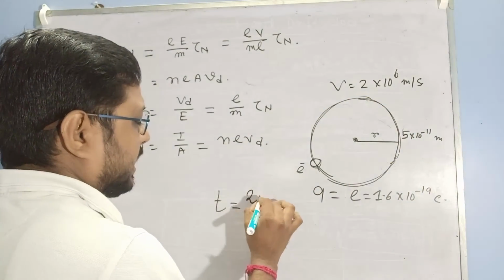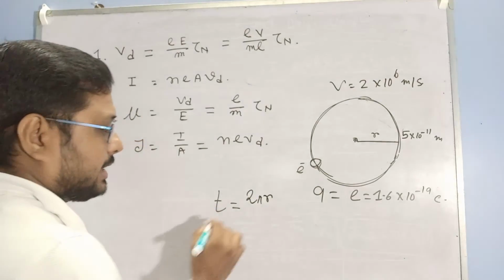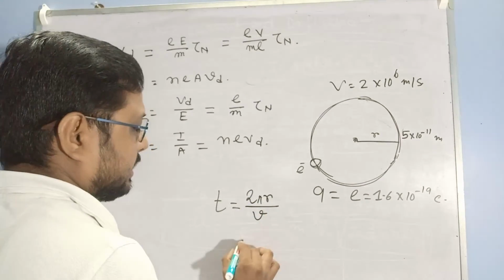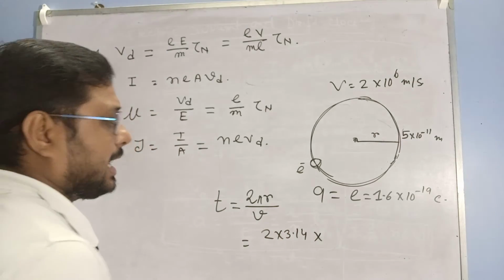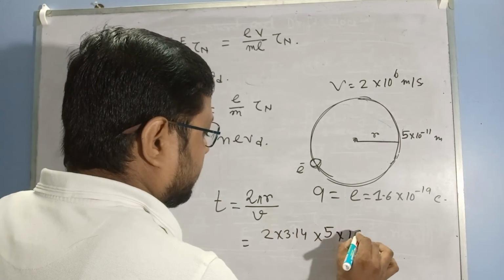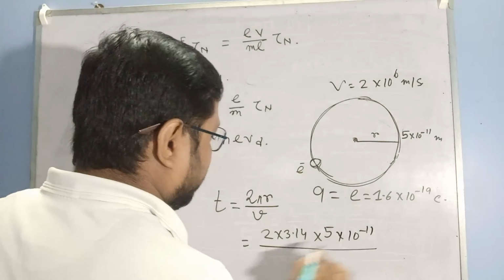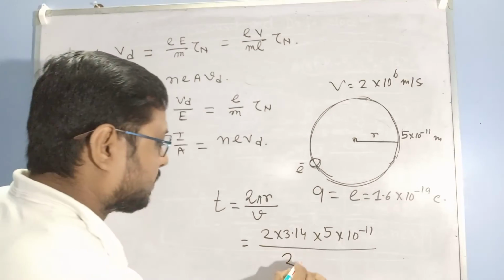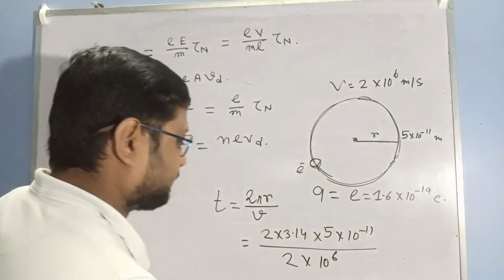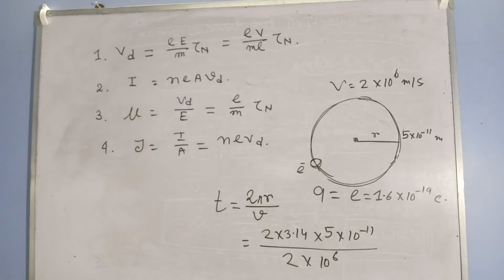The distance is 2πr and the time is 2πr upon V, that is 2 into 3.14 into r equal to 5 into 10 to the power minus 11, divided by V, which is 2 into 10 to the power 6. This is the value of T.